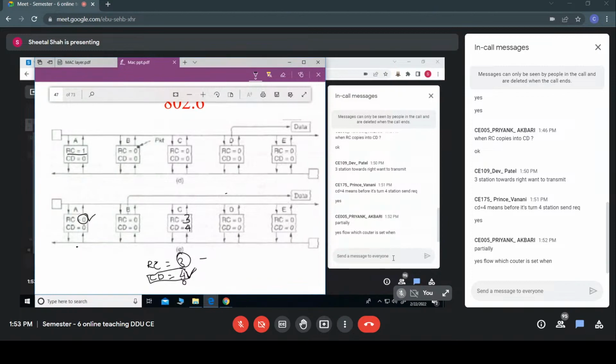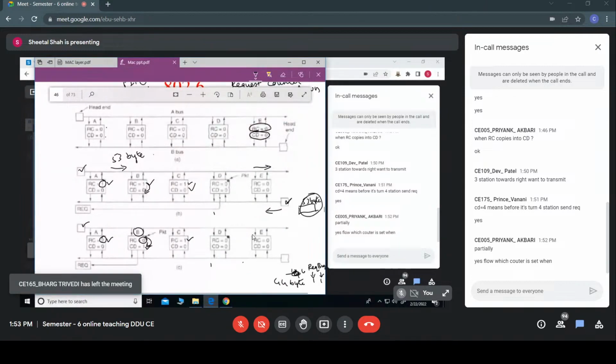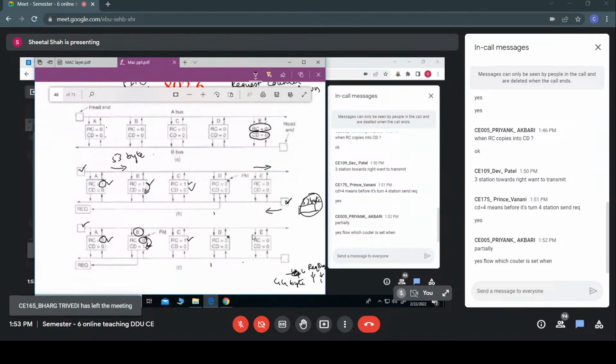See, I will take the same example. Say suppose first station D wants to send. Initially all of them are zeros, request counter and countdown counter. Okay. And head end would continuously send the frame cells of 53 bytes. Whoever wants to transmit has to copy their data in the payload field of this 53 byte cell. Fine.